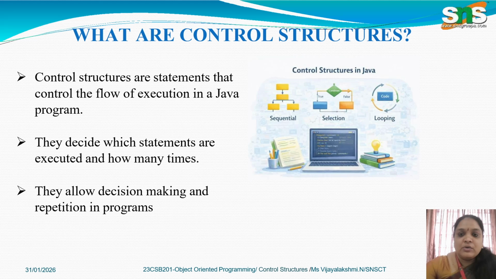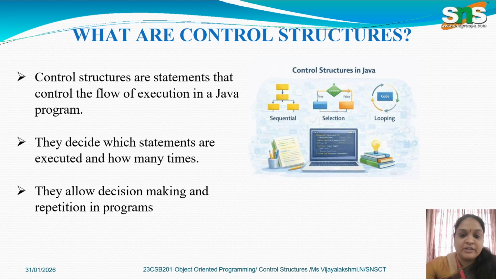We normally know control structure in the sense it will tell you what is the flow of the execution of the program, Java program. So just to know the flow of the program, we need it, because in life we have certain times to take some decision. You're just walking in a path where you should choose any one direction.